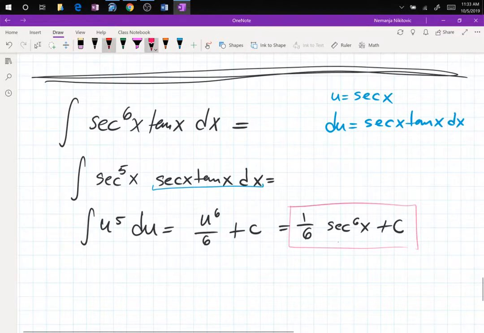And as I said, this problem can be done the other way, but the other way will take much longer.